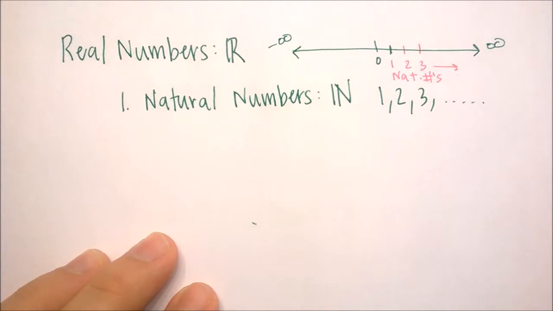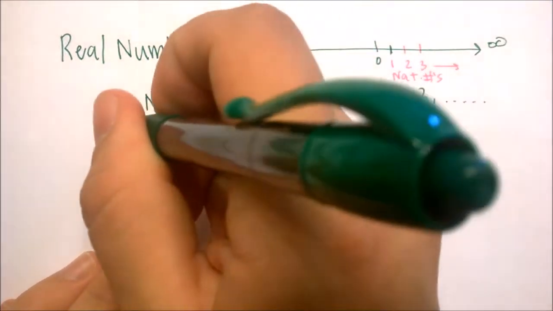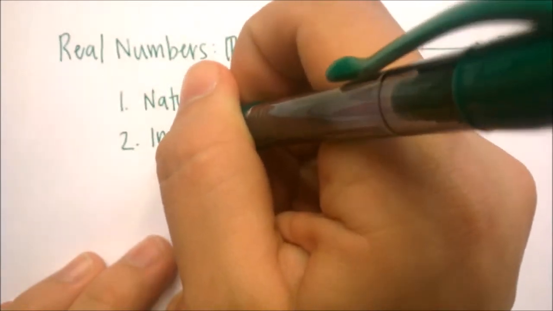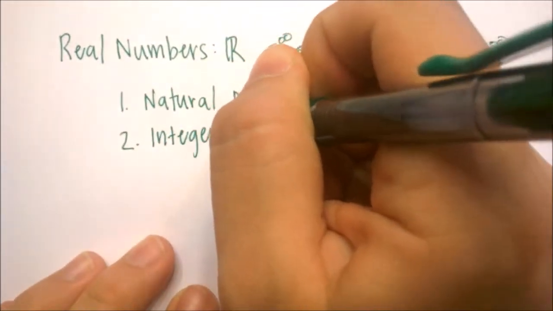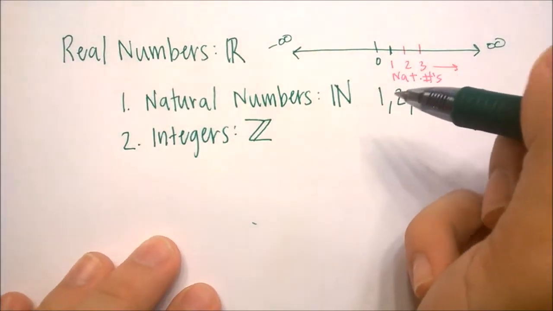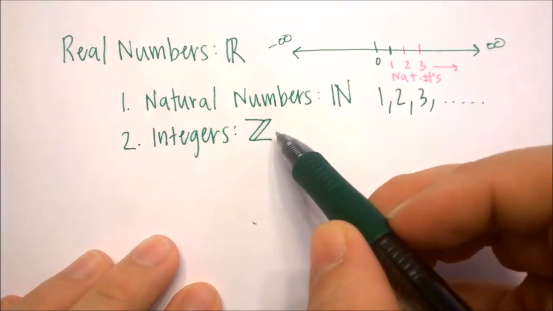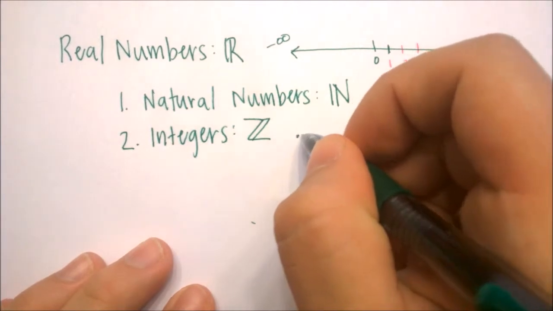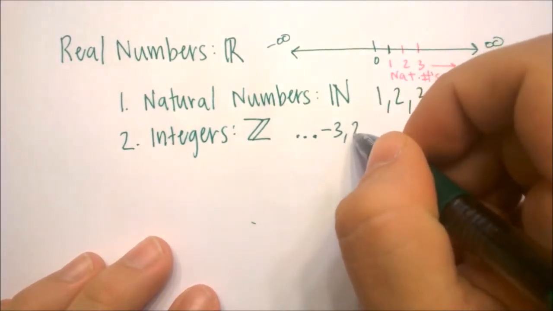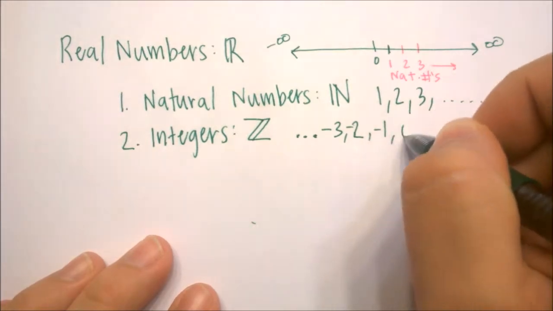All right. The second subset we're going to talk about is integers, which is denoted by blackboard bold Z. And integers go from negative infinity to positive infinity.